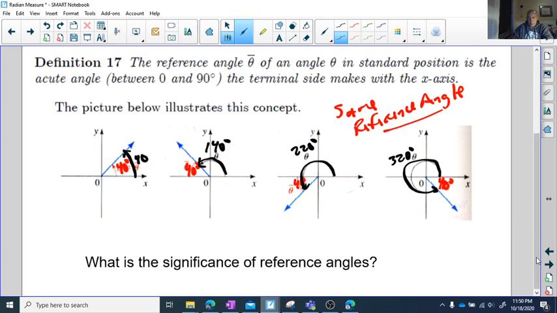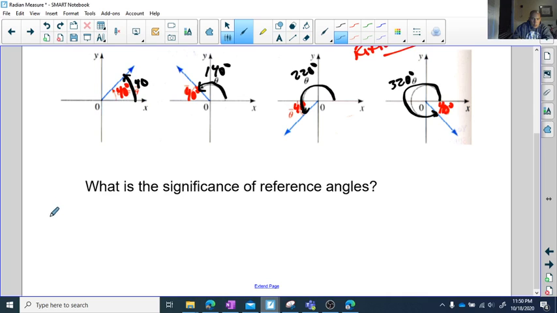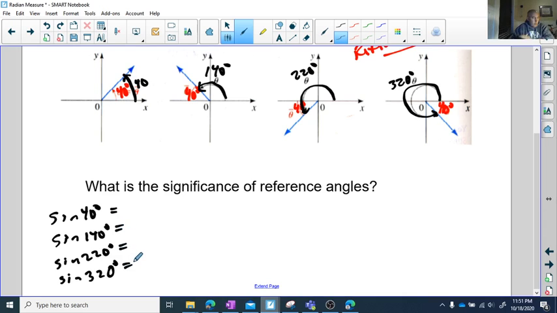You say, well, so what? Big deal. Watch this. I'm going to find the sine of 40. I'm going to find the sine of 140. I'm going to find the sine of 220, and then I'm going to find the sine of 320, and something interesting will happen. Here we go. So I'm in degrees. Make sure your calculator's in degrees, and I'm going to find the sine of 40 degrees, and I get 0.6428.